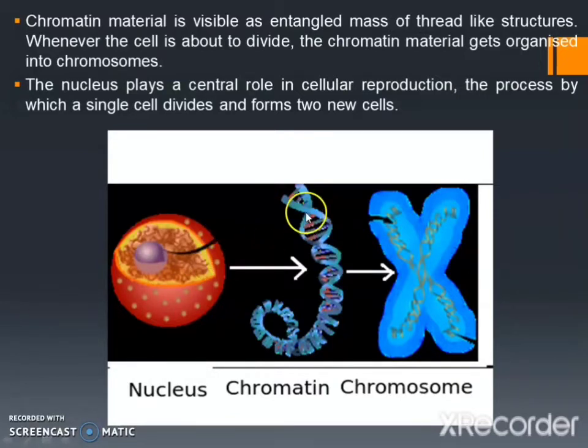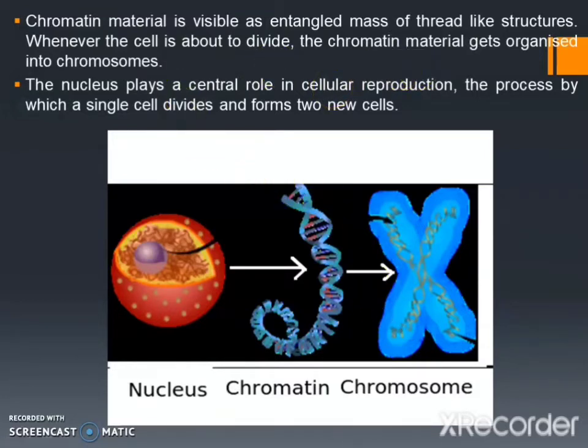So when the cell is about to divide, the chromatin material will get organized into chromosomes. So they will become like this. Okay, so chromatin will be like a thread-like structure, and this will change into the rod-shaped structure when they are getting organized into chromosomes. Okay, and when does this happen? When the cell is dividing.